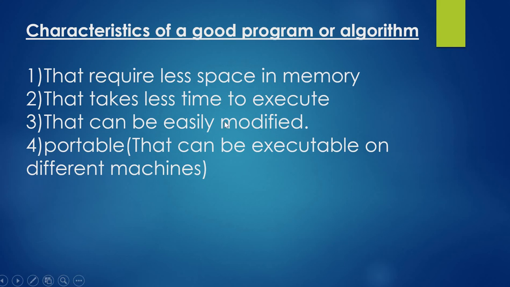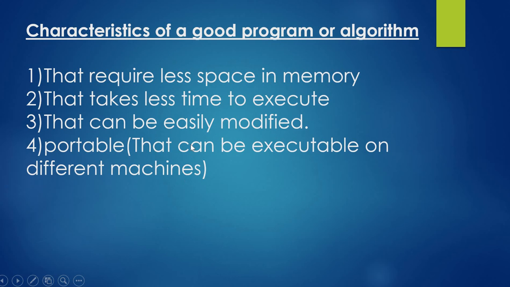Then, it can be easily modified. That is, further modification should be easy. Then the fourth one, portable. Portable means that the program should run on different machines. We can't say that the program will run on only one machine. Portable means it can be executed on different machines.